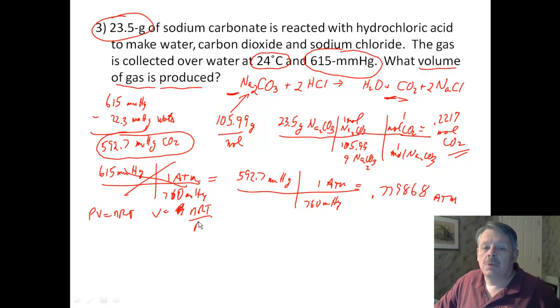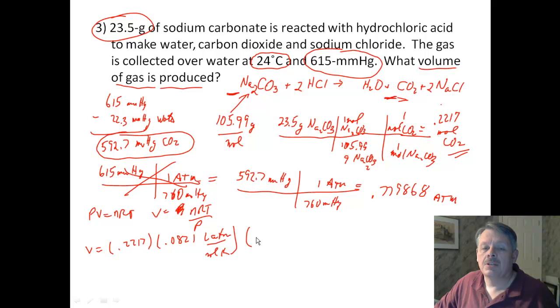All right, so if I do PV equals nRT, and I'm trying to calculate volume, that means volume is equal to nRT over P. So my volume is going to be n, which is my number of moles, which I have up here as 0.2217 moles. And my R constant is 0.0821, and that's liters atmospheres per mole Kelvin.